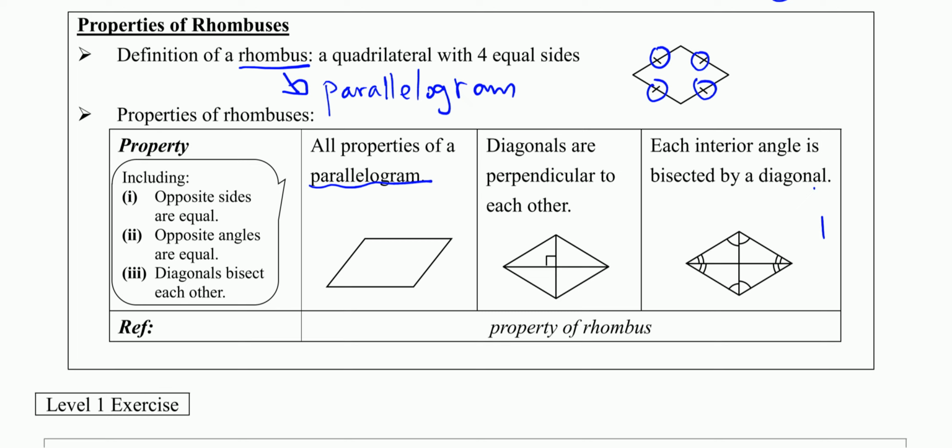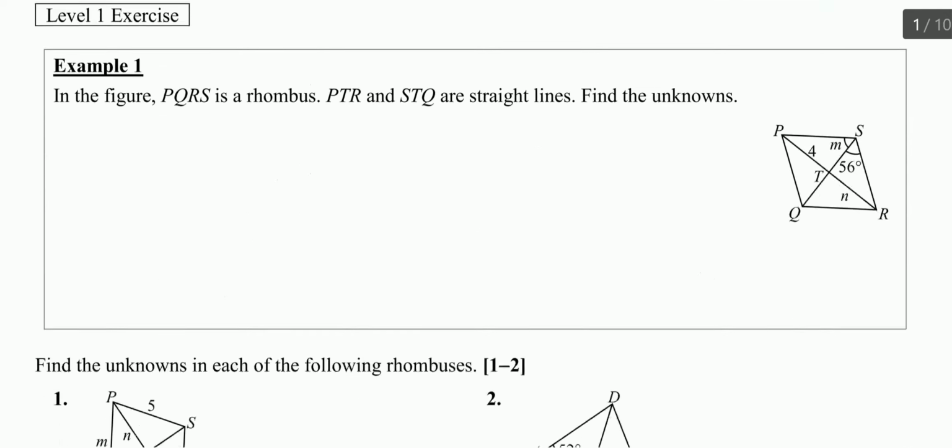Two more properties: the diagonals must be perpendicular to each other, and each interior angle is bisected by a diagonal. You can read the notes by yourself. I will just show you an example.